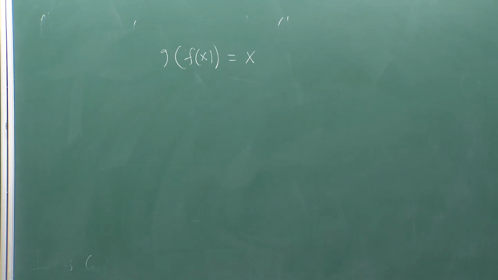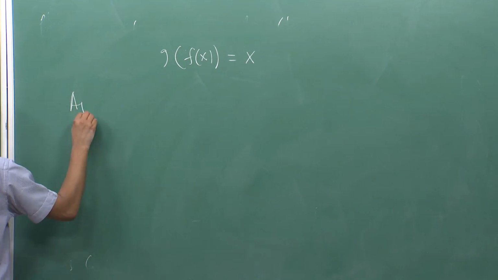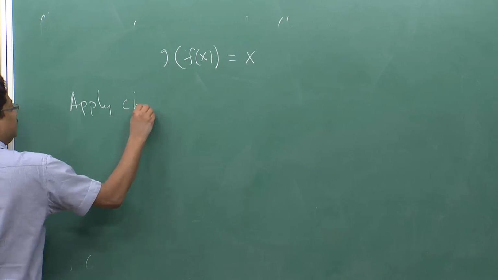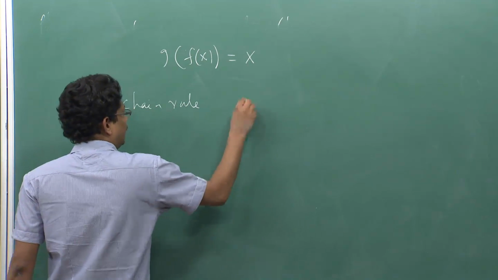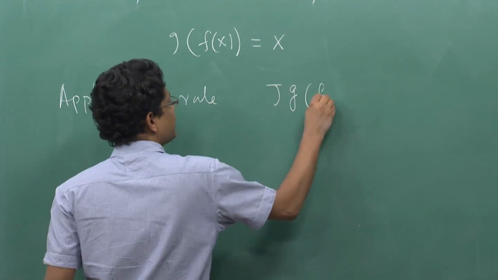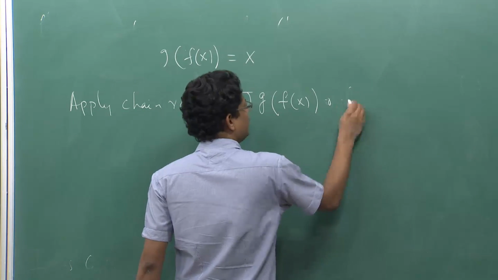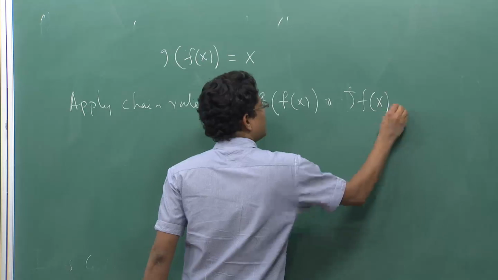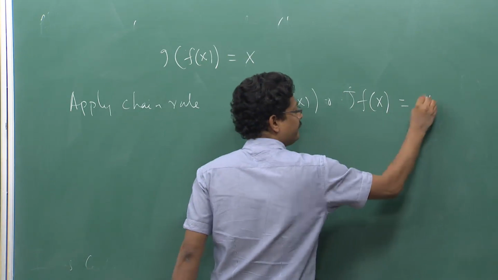So, if I apply the chain rule to take the derivative, that will give you J_g at f x composed with J_f x is the Jacobian of the function x going to x, which is identity.